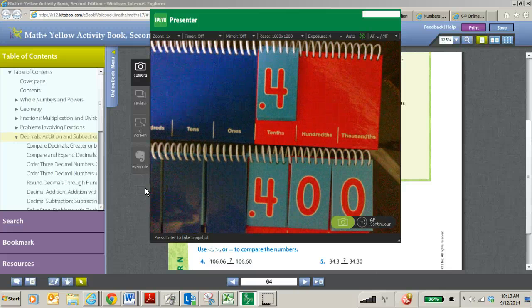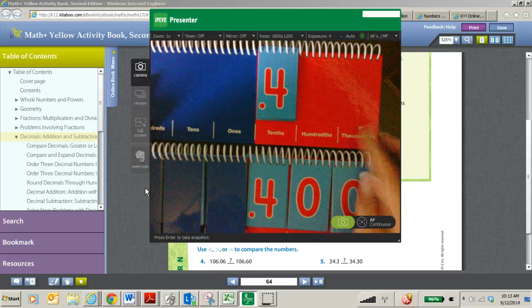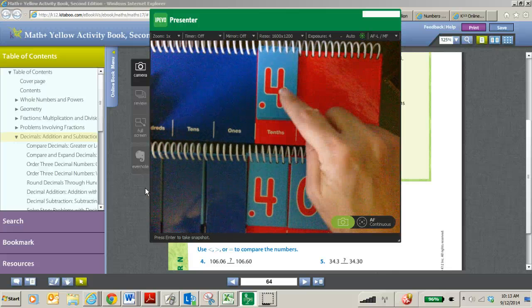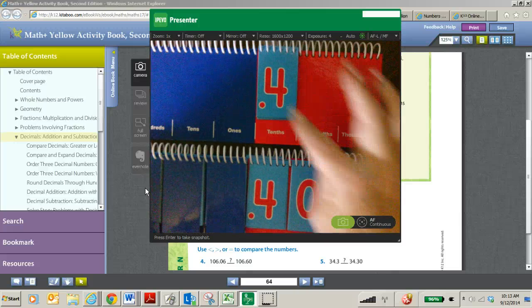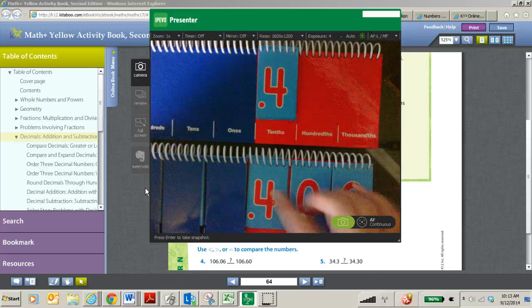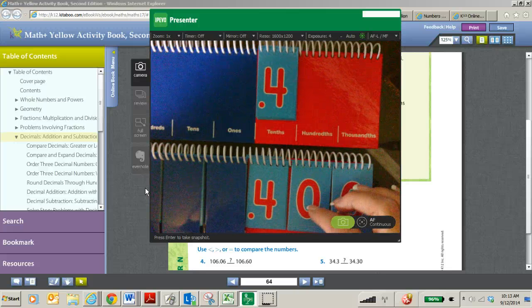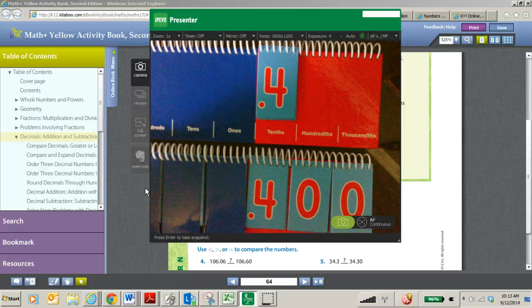So again, using these models, using cards, using manipulatives is what's going to help make math make sense. You could again represent this with a 4 and a 4 by cutting things apart, and I'll show you some other blocks in just a second that you can use with grid paper to show how these are the same even though they may look very different.